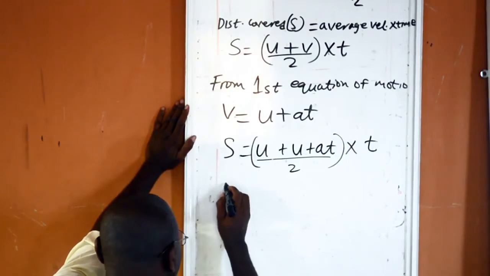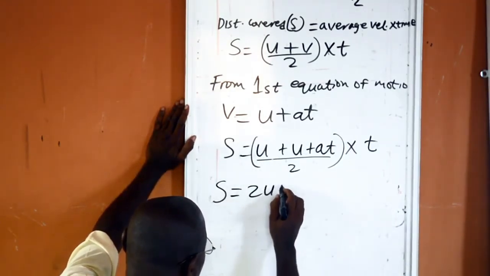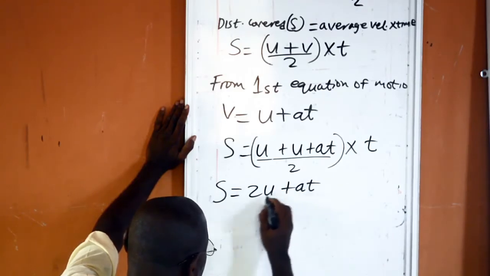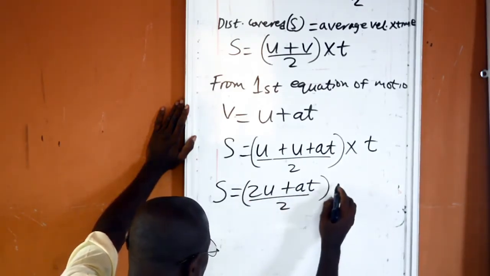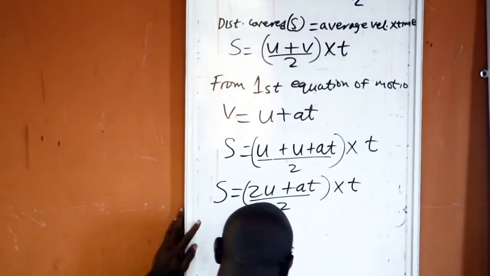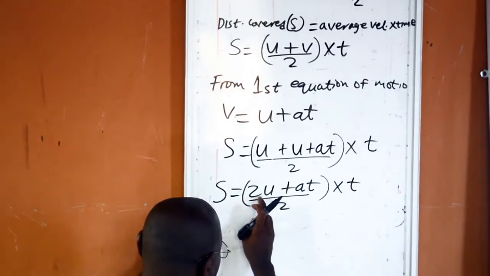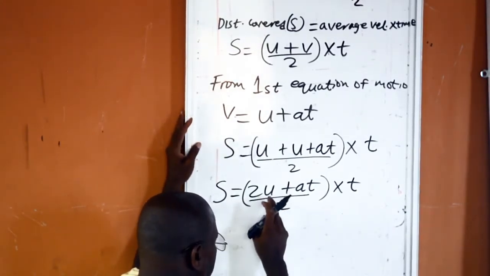Now, this will give us S = (U + U) which is 2U + AT, all over 2, bracket open and close, T. Both values in the numerator, 2U and AT, share this denominator.